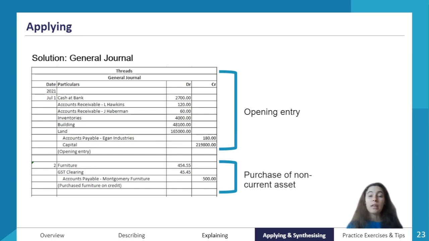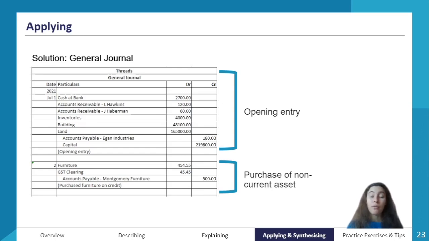But in most of the cases that you'll be looking at, you'll have a business that's already in operation. So it's going to have, hopefully, some cash in the bank. It's likely to have some kind of assets. That could be inventories, buildings, land, motor vehicles. So here we've got a few of those things.